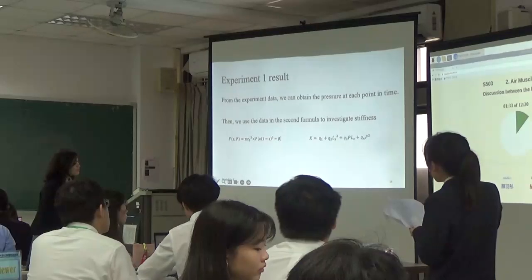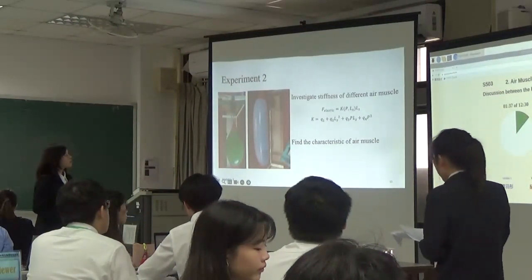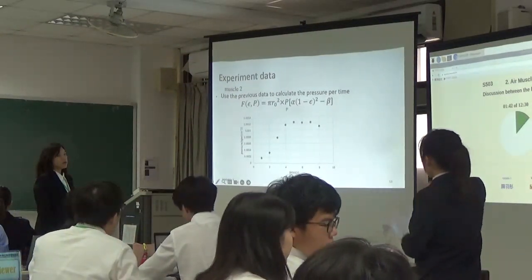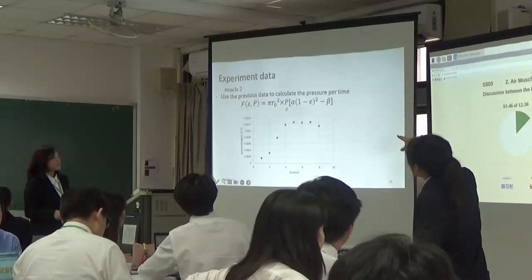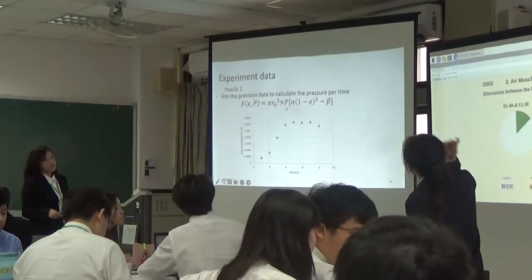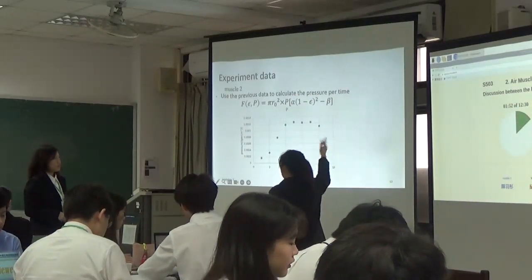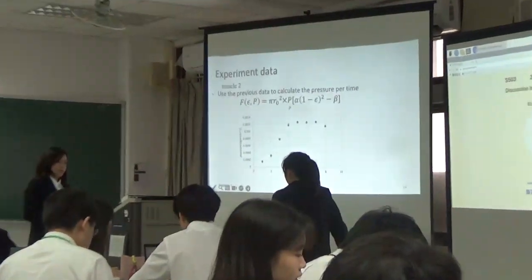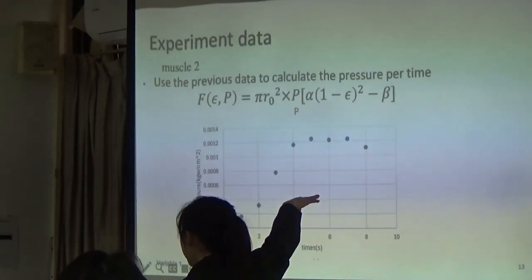Can you turn to page 15? Can you explain why there's a limit? It's not linear, right? But the pressure doesn't have to be linear because the shape will change. Yes, but I know. Tell me why.